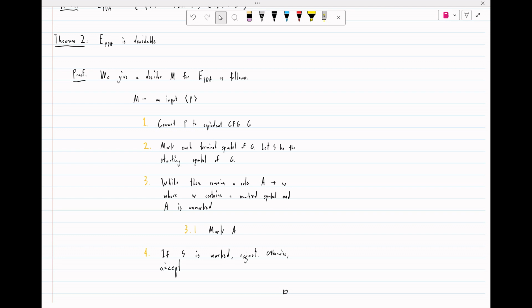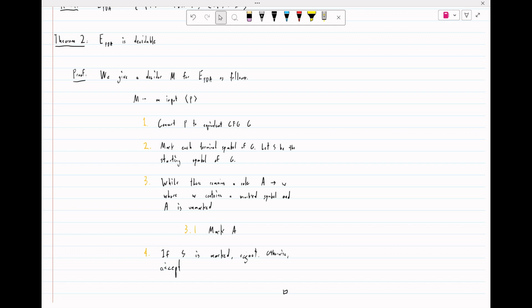So if at the end of this process I've marked the starting variable, it means I was able to start at a terminal symbol and get all the way through my rules to the start variable. So if I just reverse that walk I took, I have a derivation of a string, which means the language generated by the CFG is non-empty. Does that make sense? Perfect. Any other questions about what we looked at so far?